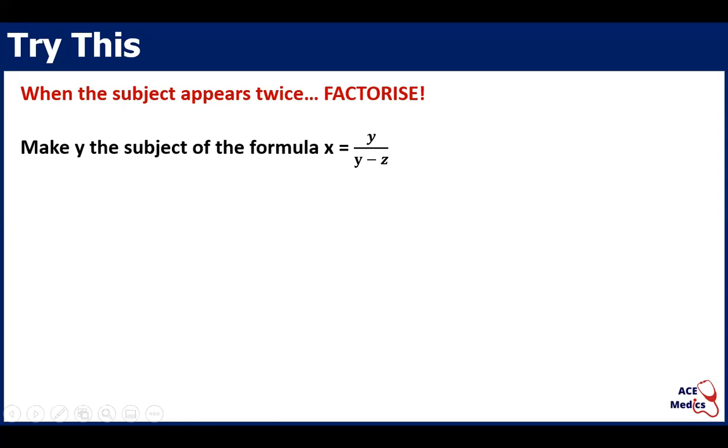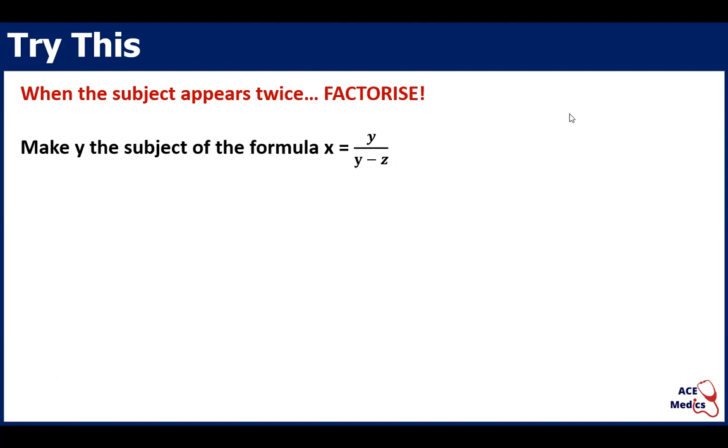See if you can manage that. Cool, I've got one answer, fantastic.